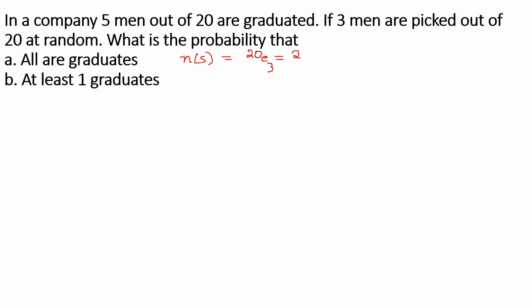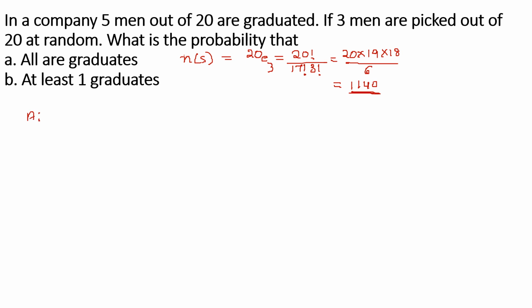That will be 20 factorial divided by 17 factorial into 3 factorial, which is 20 into 19 into 18 divided by 6. So that is 1140 ways. So total possible outcomes are 1140.